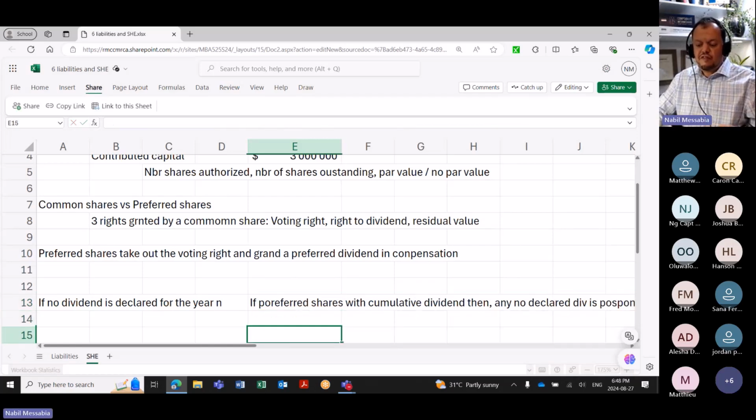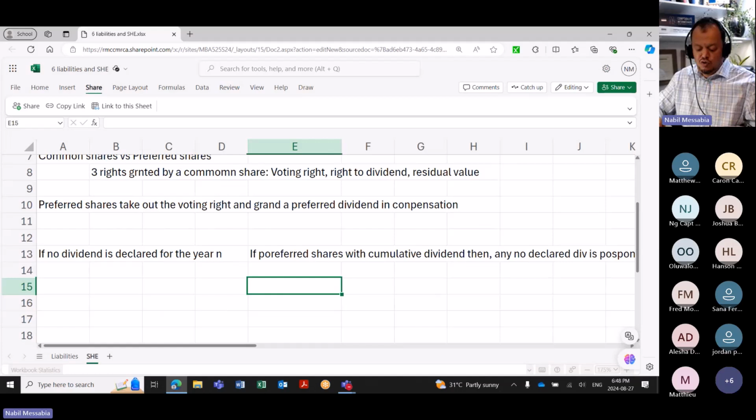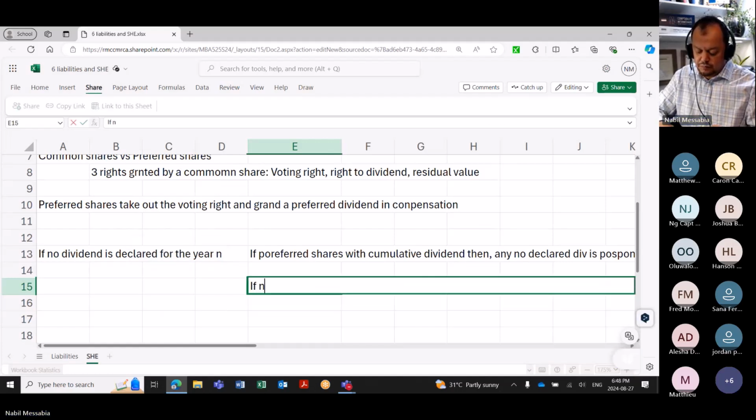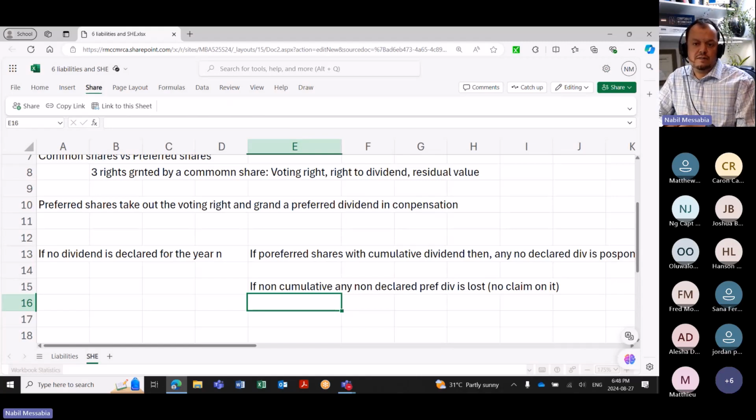But if your preferred dividends are non-cumulative, any non-declared preferred dividend is lost, which means no claim on it for the preferred shareholders.